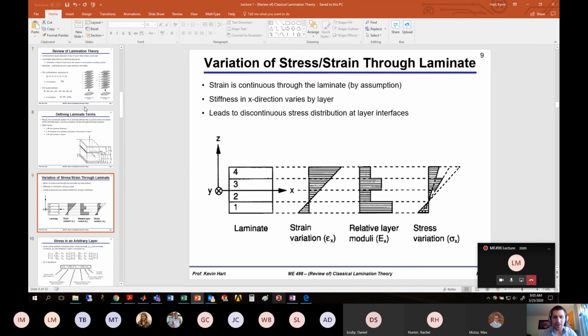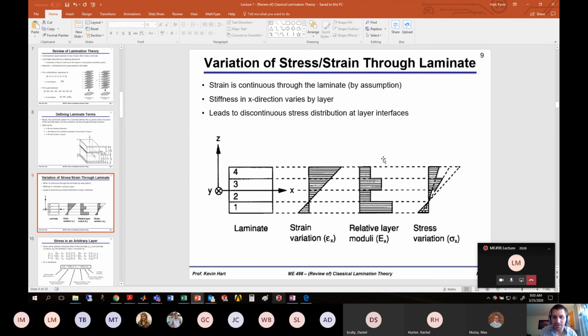So you might end up with a strain variation in, let's say, the x direction through our laminate, like the general idea you see here, where we have a combination of both bending, which would create this linear distribution, and also some tensile force, which creates an additional tensile load on the piece.